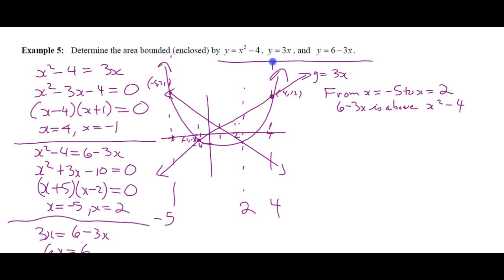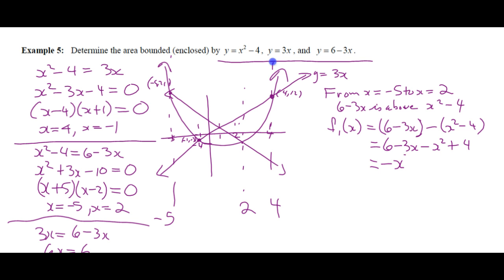Okay, in that case, our little f1 of x is 6 minus 3x minus x squared minus 4. So that's 6 minus 3x minus x squared plus 4, or negative x squared minus 3x plus 10.